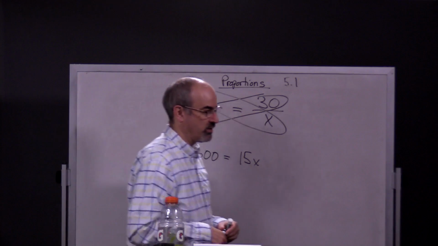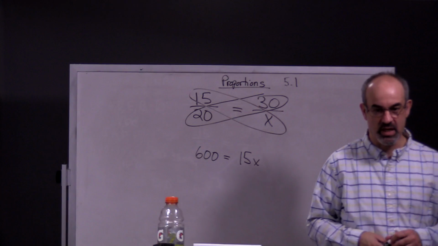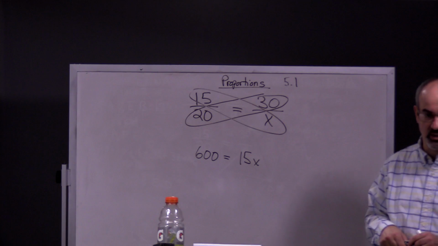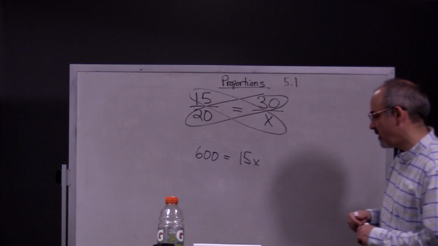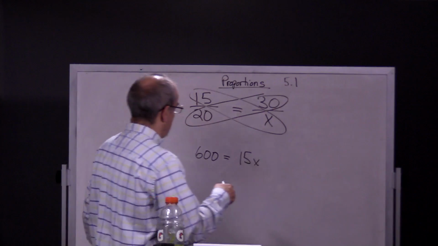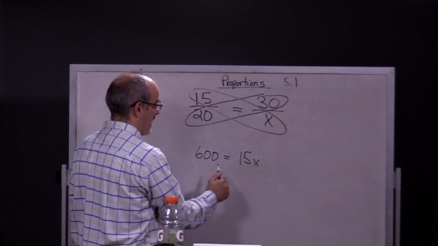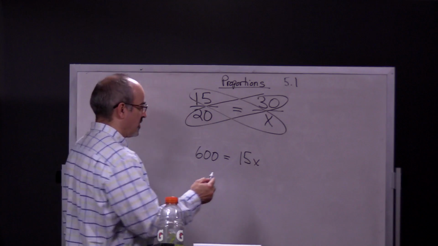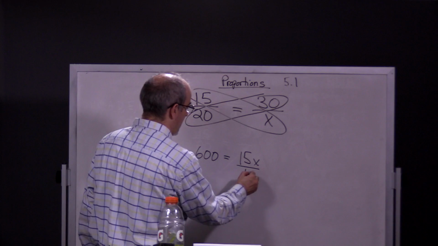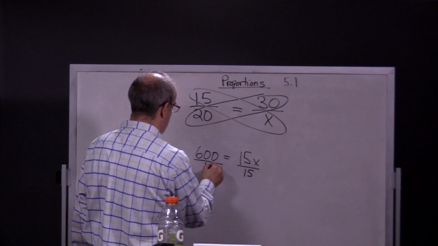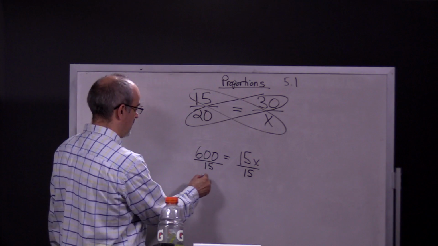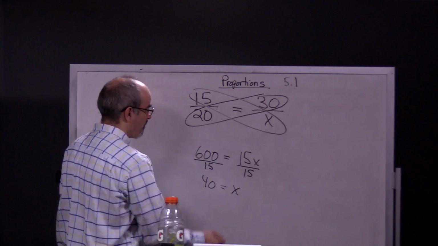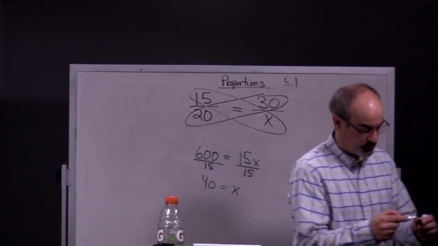They don't talk about how to do algebra in this book until the next chapter, but I assume that they expect you to know how to do simple algebra. So since we have 15 times x, we want to get x by itself. To undo multiplication, you use division. So we have to divide this by 15. Well, that means you have to divide the other side by 15 too. 600 divided by 15 is 40. So x is 40.